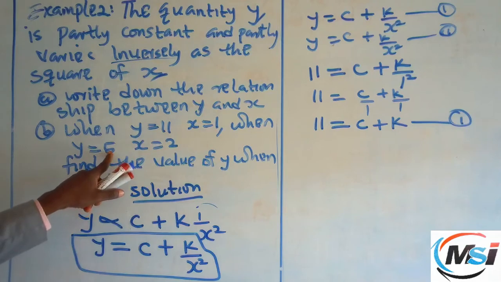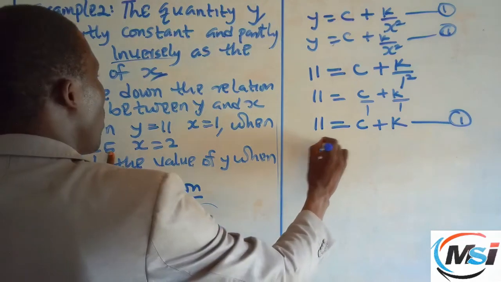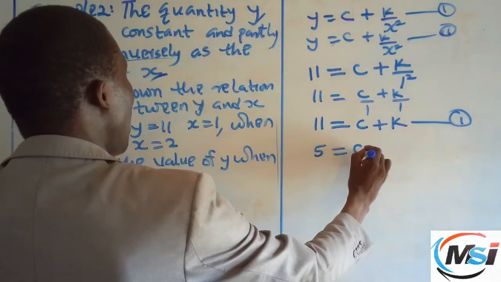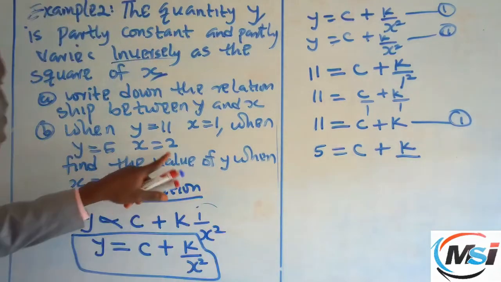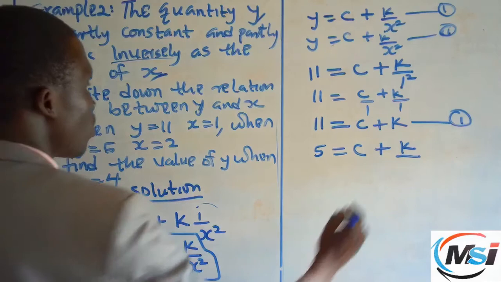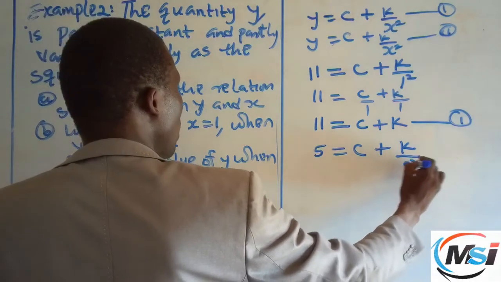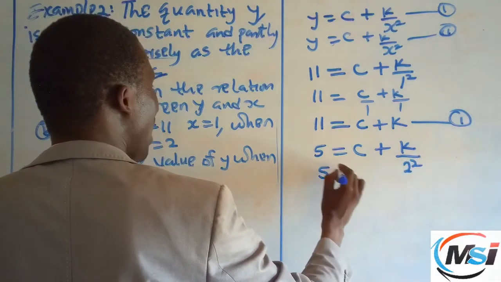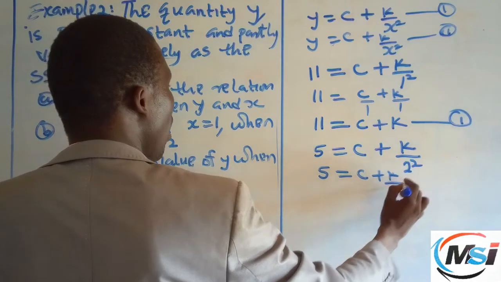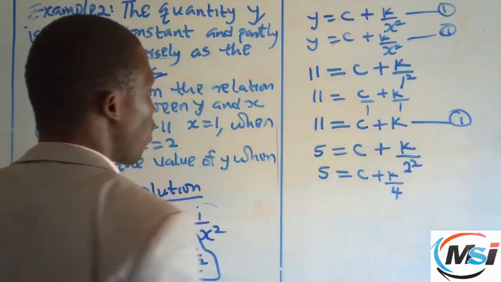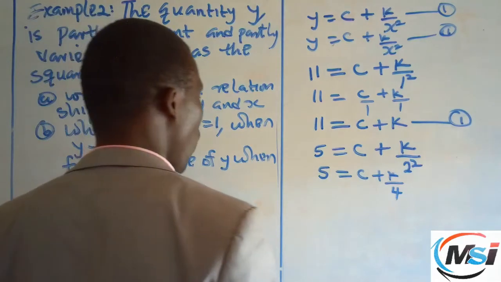When y equals 5, c is constant, k is constant, and x is given to us as 2. So we have 2 squared. So this will give us 5 equals c plus k all over 4. And you know that 2 squared is 4.